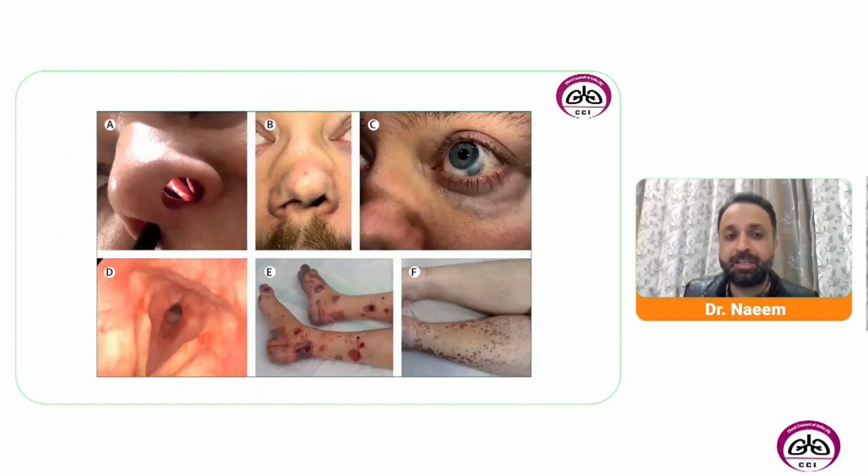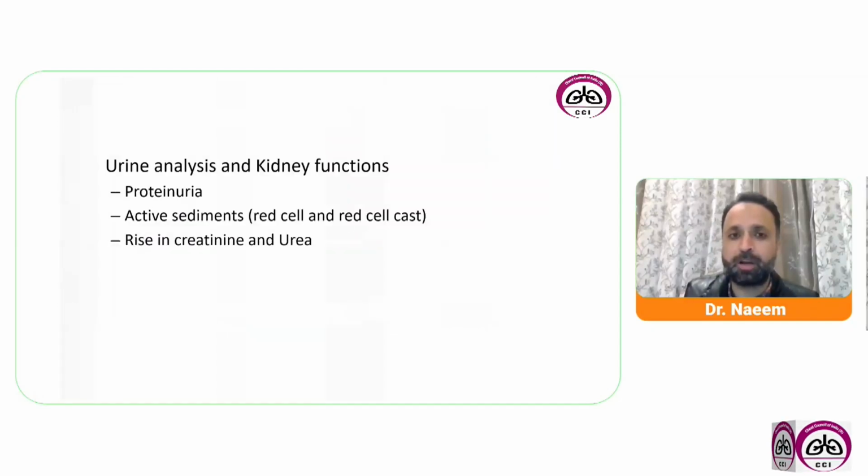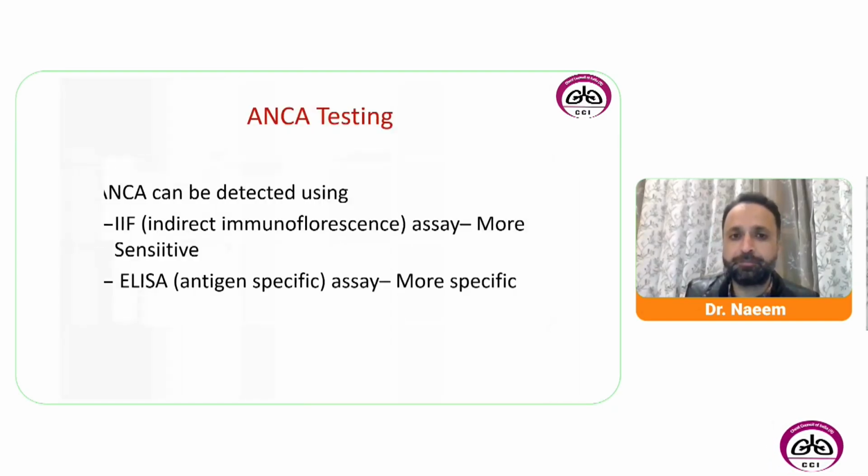Clinically, you can see a nasal septal perforation, saddle nose, scleritis, subglottic tracheal stenosis, and palpable purpura. In the laboratory parameters which aid us in the diagnosis, there is a raised CRP, increased ESR, elevated platelet count, eosinophilia in EGPA, and anemia, importantly a drop in hemoglobin in diffuse alveolar hemorrhage. In urine analysis, there will be proteinuria, raised creatinine and urea, and active sediments and red cell casts.